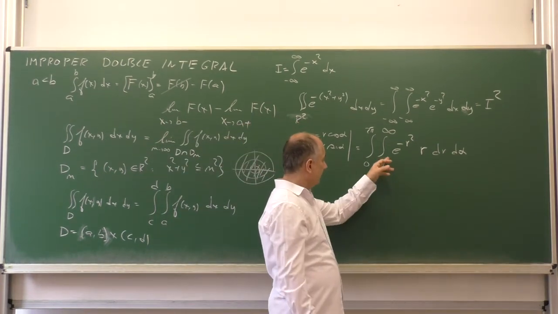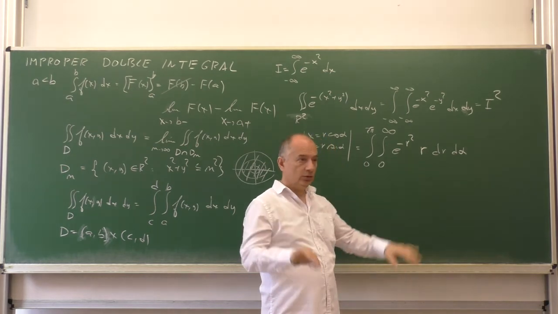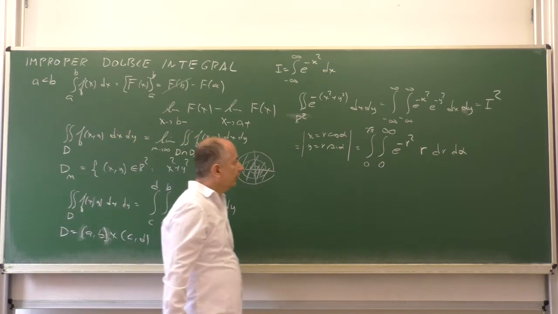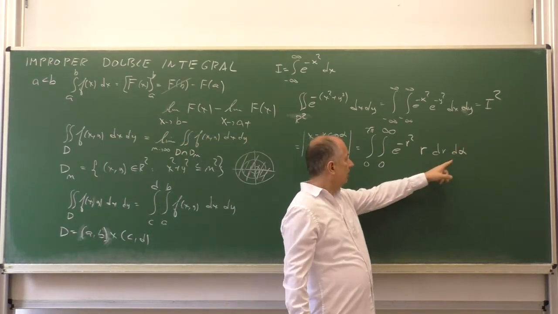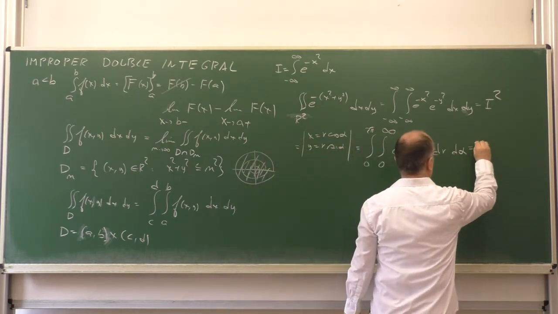Well, and again, constant limits, product, so this splits into a product of two integrals. The integral of 1 d alpha from 0 to 2 pi is 2 pi.